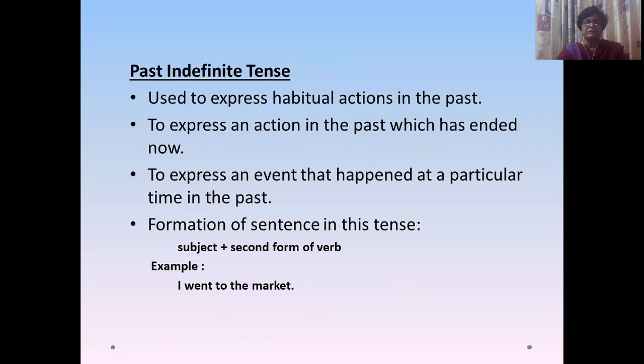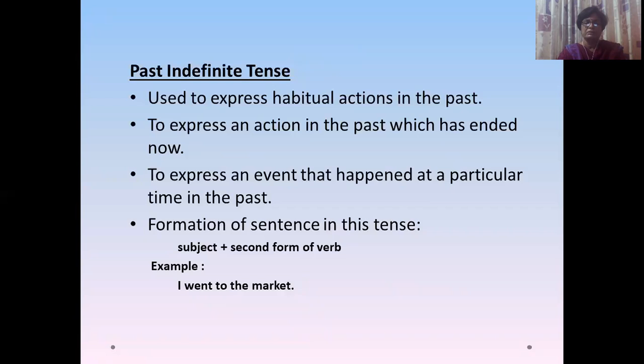Now we'll see what is past indefinite tense. This tense is used to express habitual actions in the past, to express an action in the past which has ended now, and also to express an event that happened at a particular time in the past.